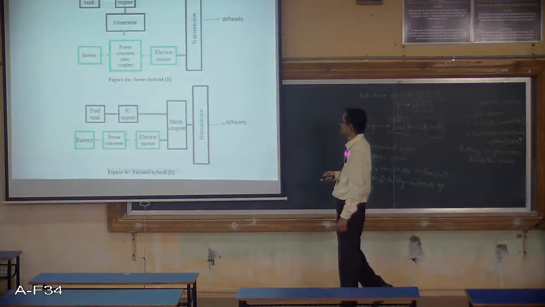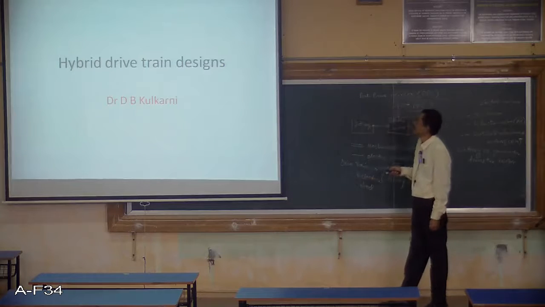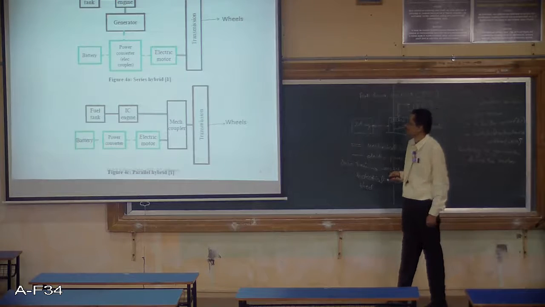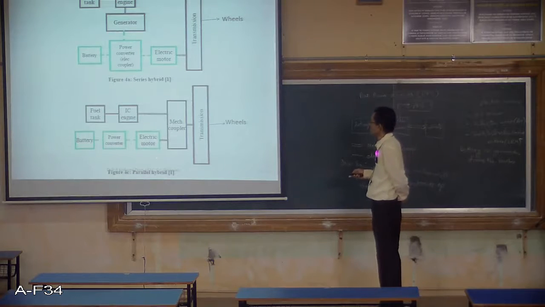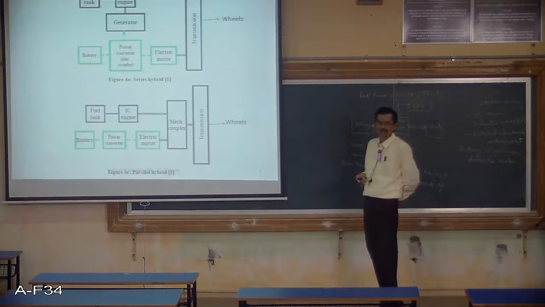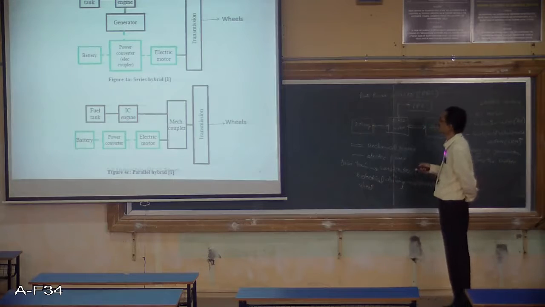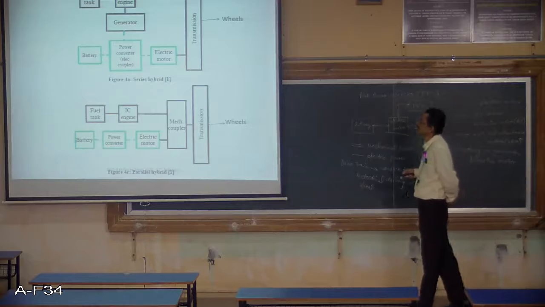In this topic, we are going to see in detail how the series hybrid can be analyzed and controlled. Similarly, how the parallel hybrid can also be controlled by suitably designing these blocks. These are the various blocks constituted to have the series hybrid drivetrain design.